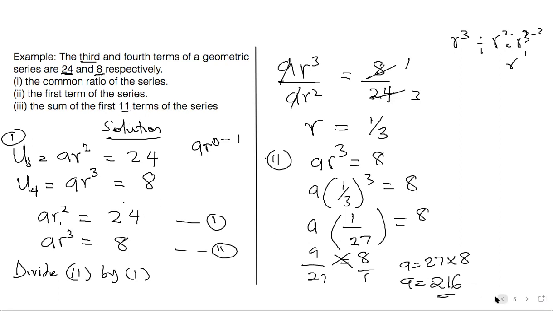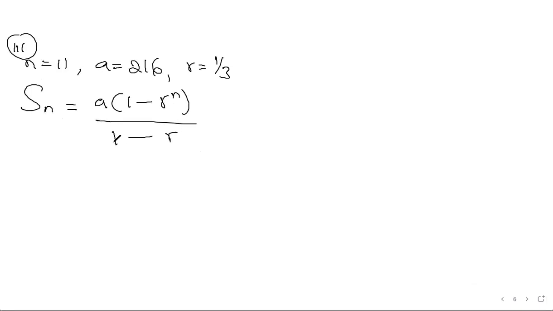We've calculated the first term a as 216, and the common ratio r is 1/3. If you recall the formula for the sum of n terms of a geometric progression, it is a into 1 minus r raised to the power n, divided by 1 minus r.